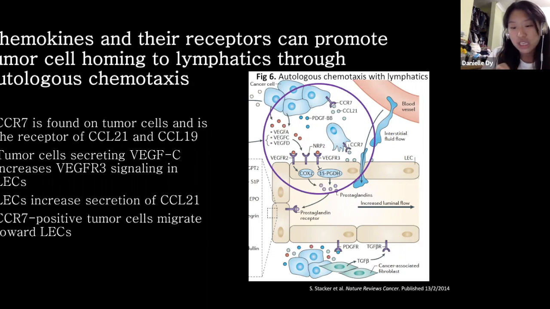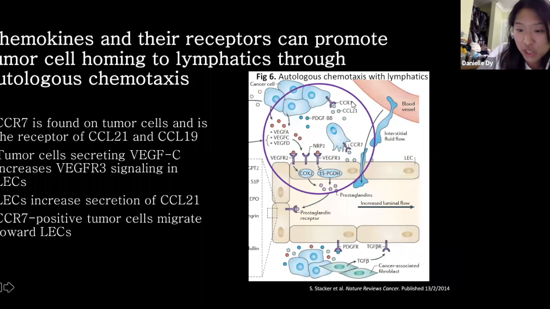So what's interesting is that this system can actually be exploited in a way that will navigate those cancer cells to your lymphatic cells. And in that way, it's going to allow the cancer to make its way to the lymph and travel through it, and then travel to either the lymph nodes or to distant organs.